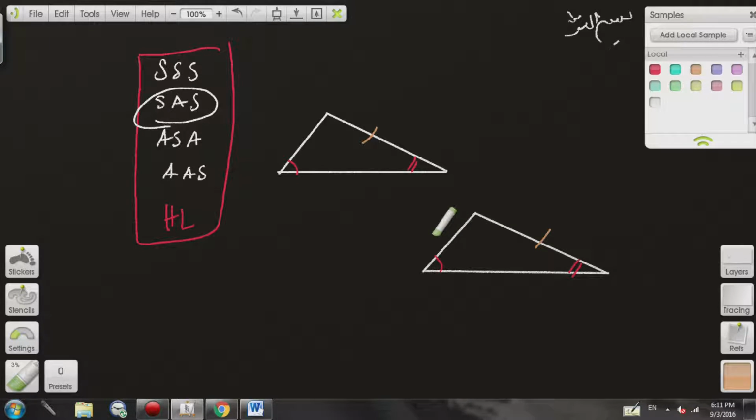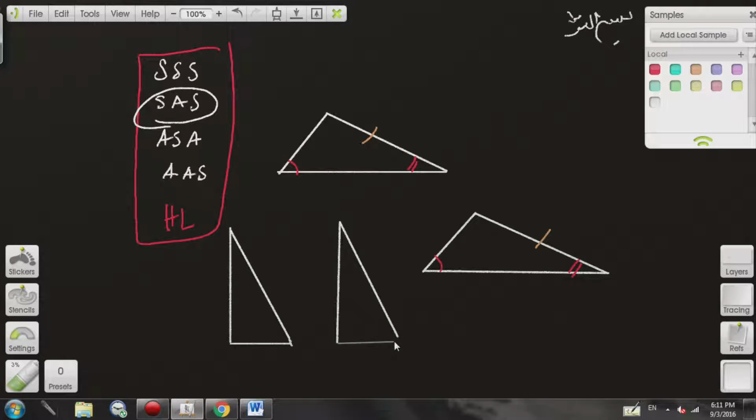Hypotenuse leg is only for proving right triangles to be congruent. So for this, you have to be told that you have right triangles. You can't use this for non-right triangles. How do you have a hypotenuse in non-right triangles in the first place, right? Anyway, you have to have two right triangles to use hypotenuse leg.